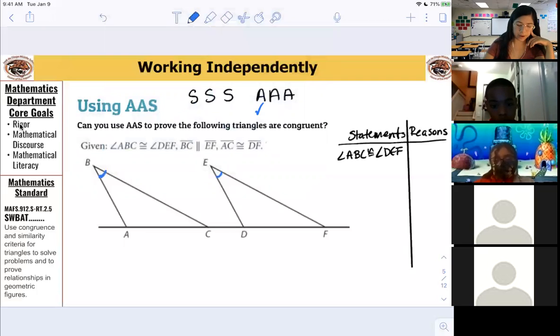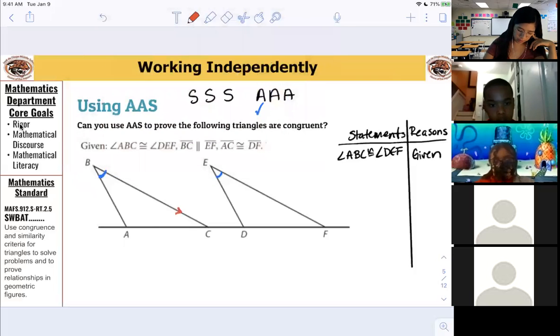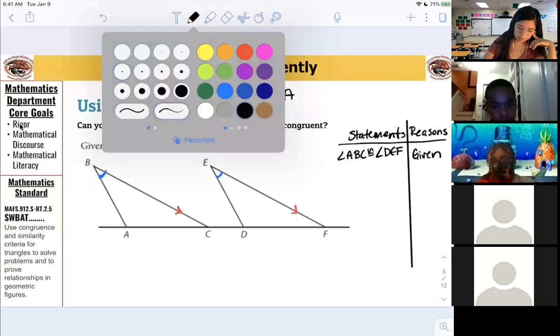So far I have one pair of angles. Then I also know that BC is parallel to EF. So let me go ahead and write that down.